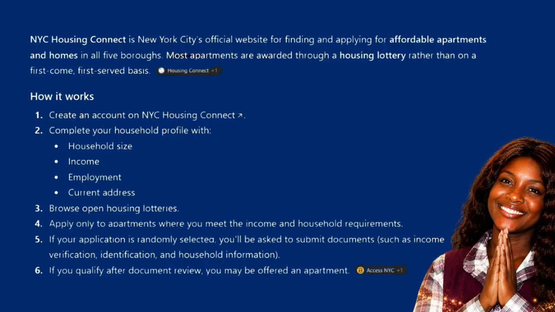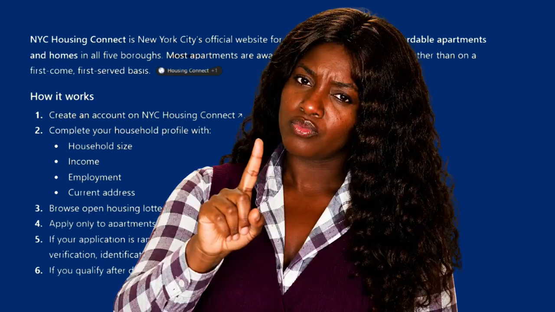Number 6, if you qualify after the document review, you may be offered an apartment. Now, notice they say you may be offered an apartment. Because it depends. Because sometimes people will lie. Because if you put, I'm only making $20,000 a year or something like that, right?